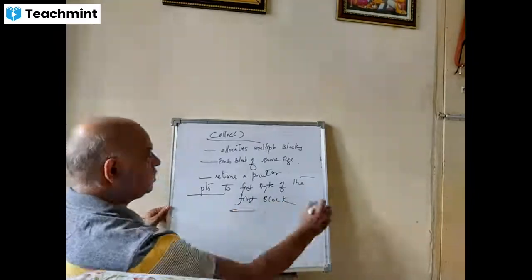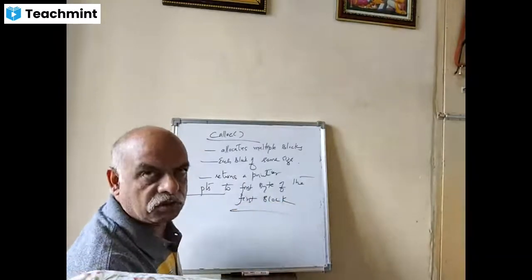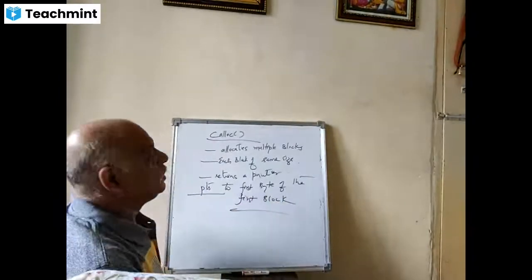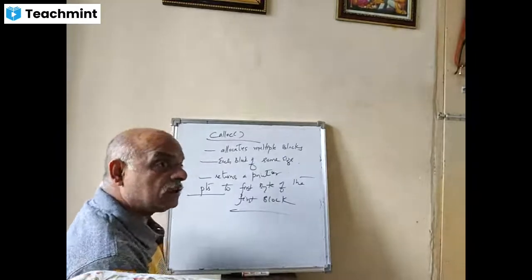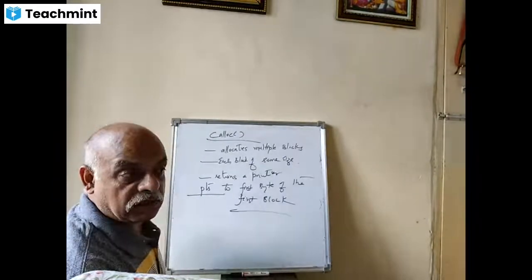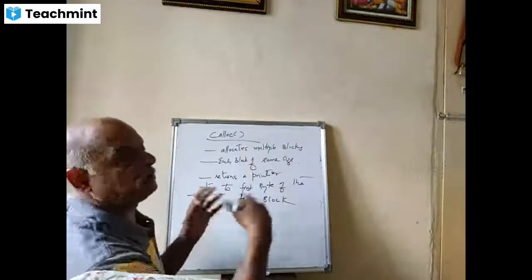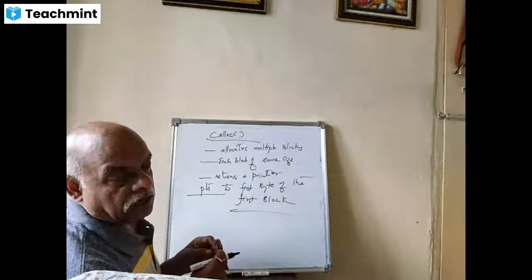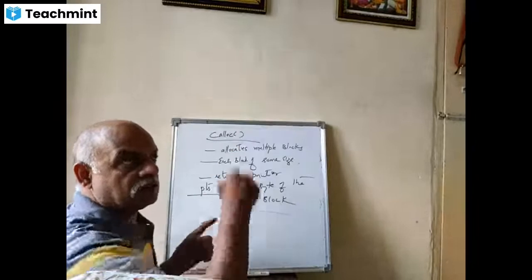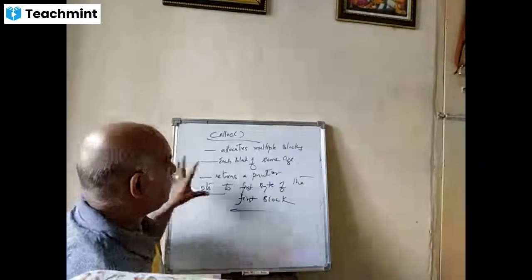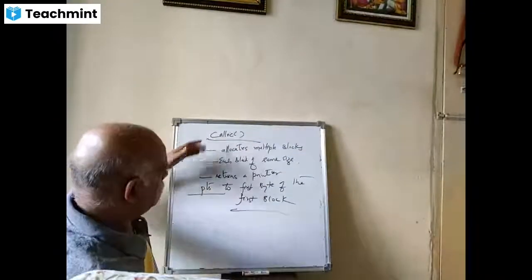This is the explanation that you have to give. In malloc, it allocates a single memory block, but calloc allocates multiple blocks, say 10 blocks, each of the same size, and a pointer points to the first byte of the first block, like that. Okay, this you have to remember.